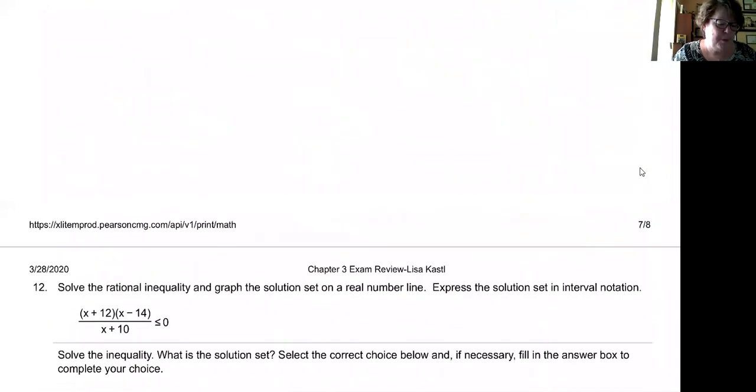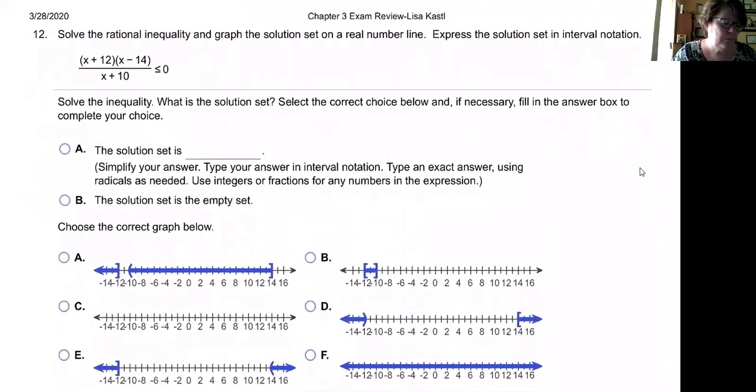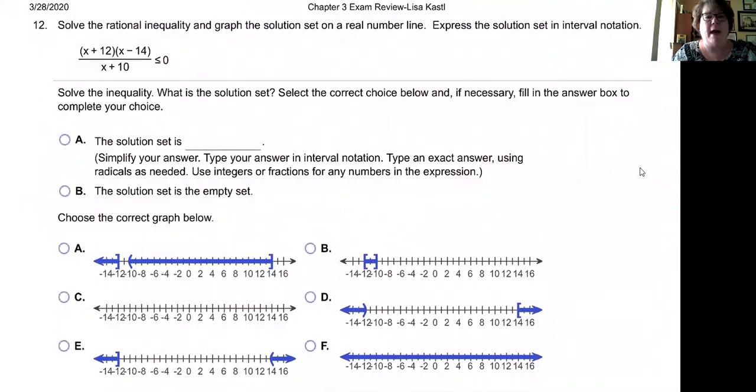All right, our last problem on our exam. Solving a rational inequality. Now, the only difference between solving a polynomial inequality and a rational inequality is how you find the boundary points.